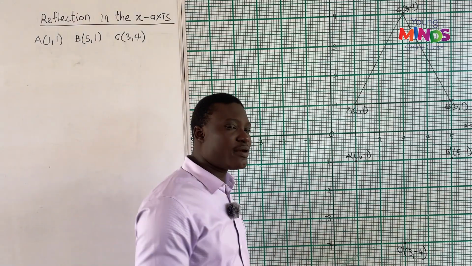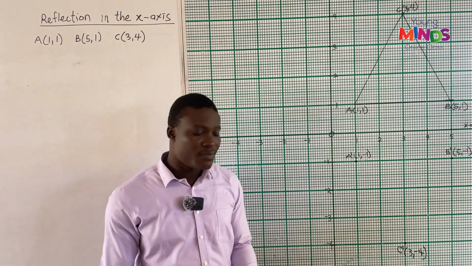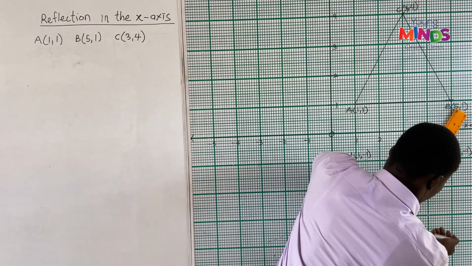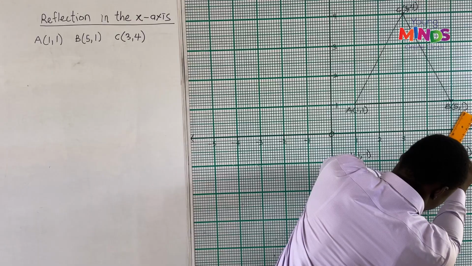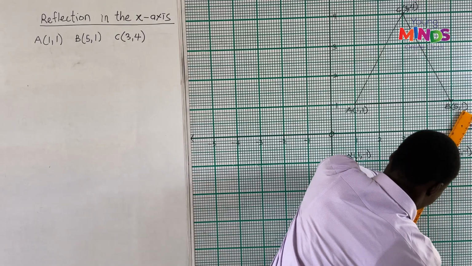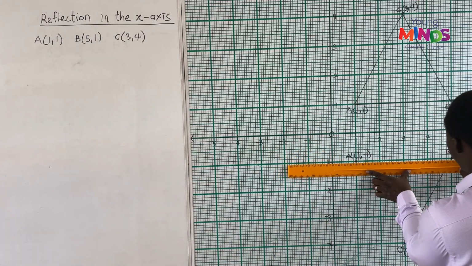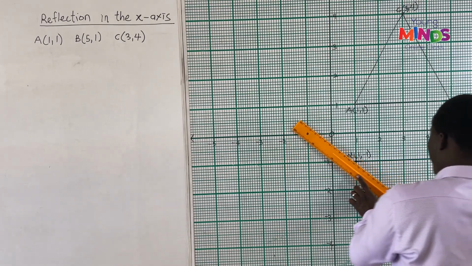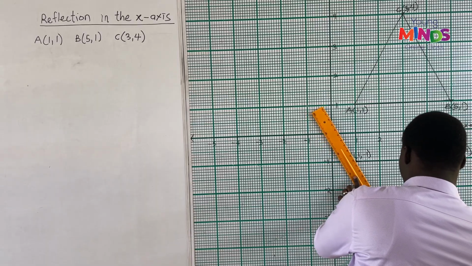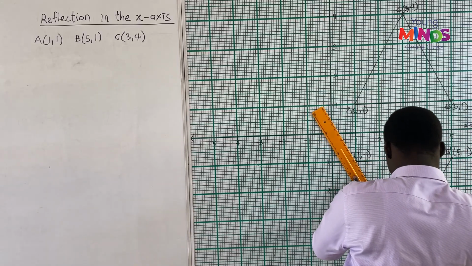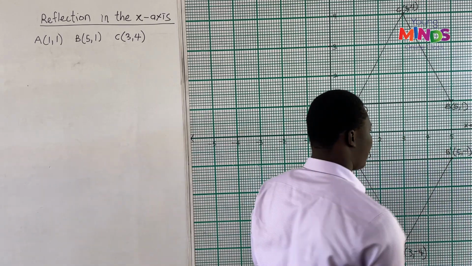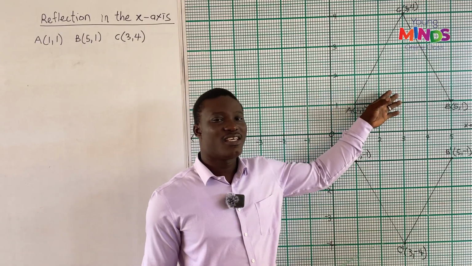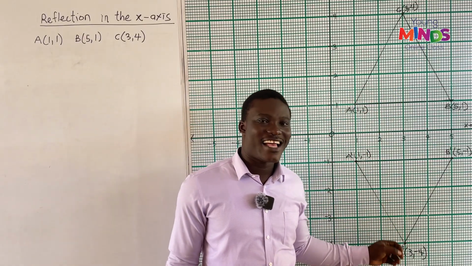Then we'll join the 3 points to form the image. So this will be the image formed of this triangle ABC reflecting in the x-axis.